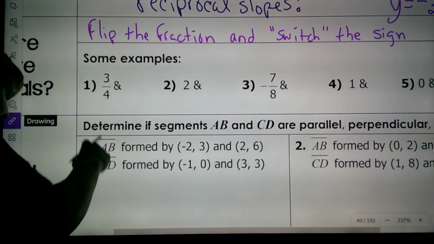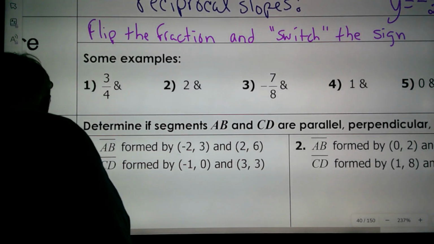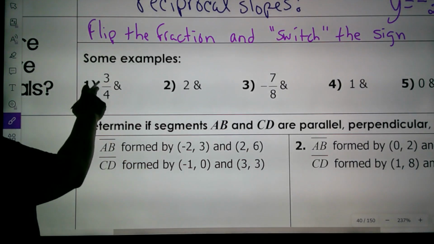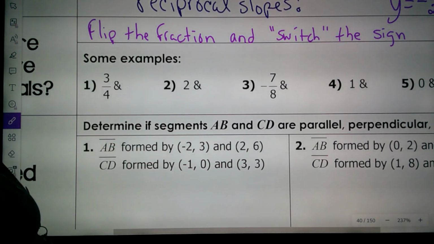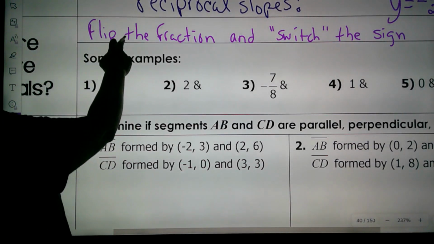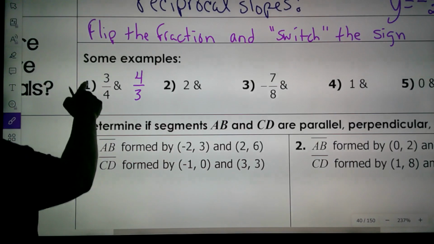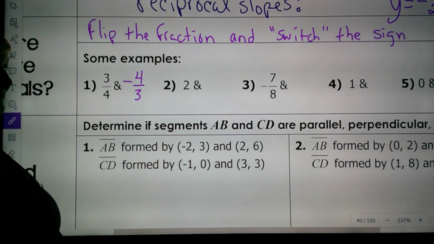So, let's follow the directions we just wrote down. 3 over 4 is our original slope. To make a negative reciprocal, we're going to flip the fraction, so it becomes 4 over 3, and instead of positive, it's going to be negative.